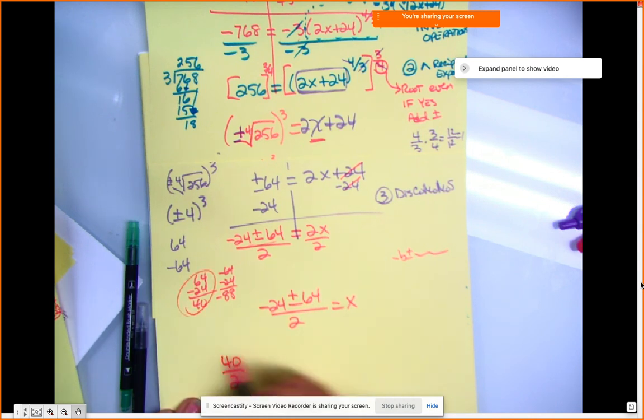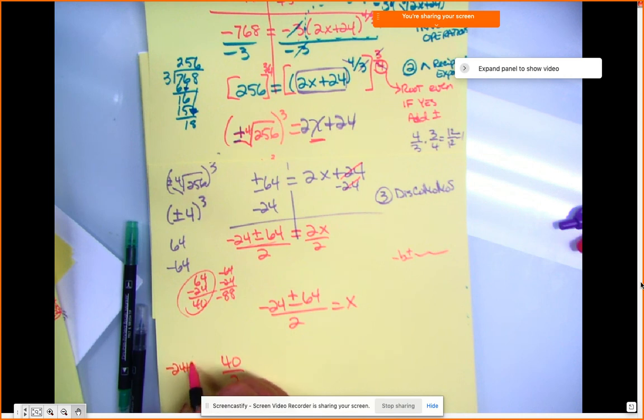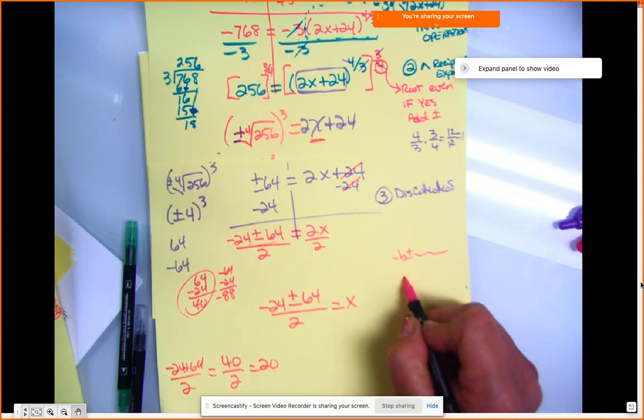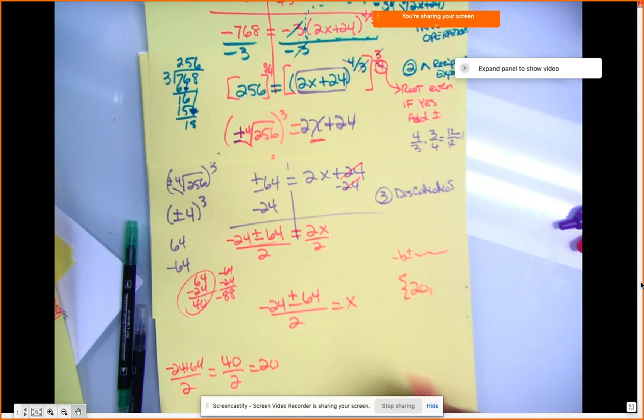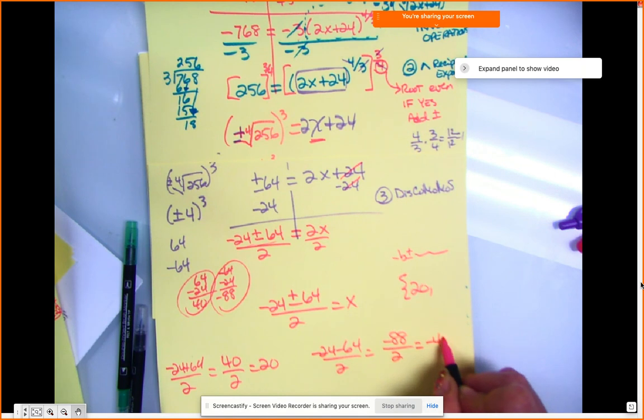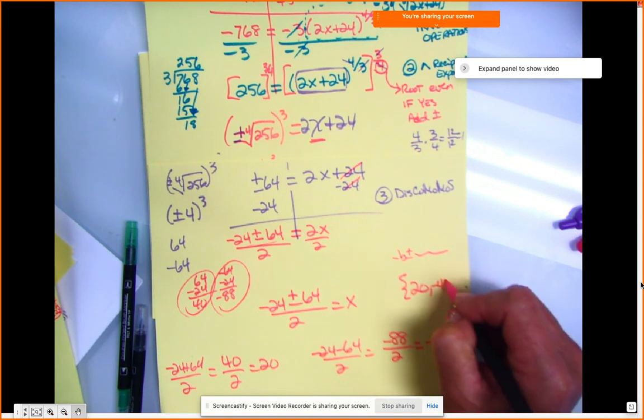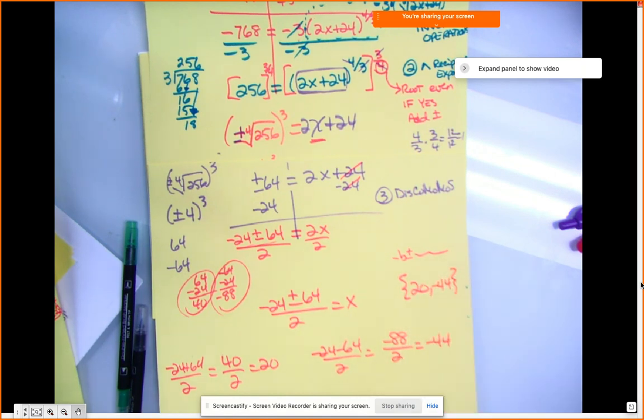So I get 20. My other answer will be negative 24 minus 64 over 2, which is, we did it right here, negative 88 over 2, which is negative 44. So here are the 2 answers. Let me stop there.